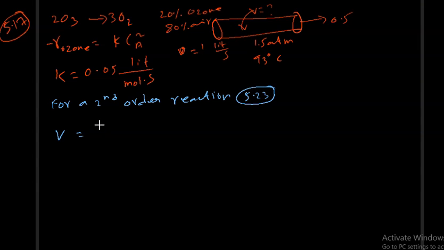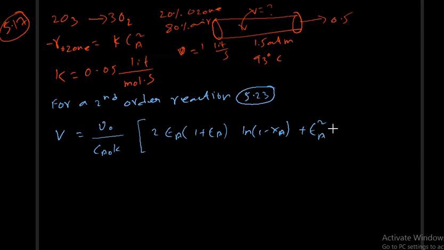V is equal to V naught divided by Ca naught into K, times 2 epsilon A (1 plus epsilon A) ln of (1 minus Xa) plus epsilon A square Xa plus (epsilon A plus 1) whole square Xa divided by (1 minus Xa).